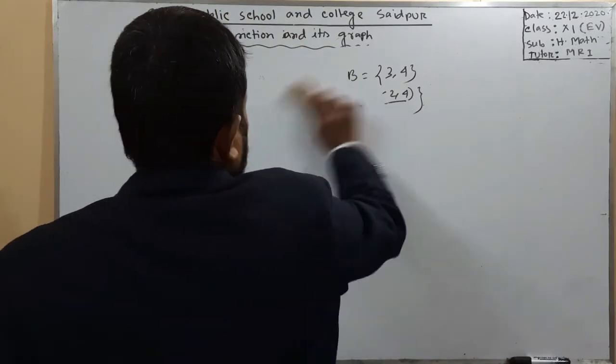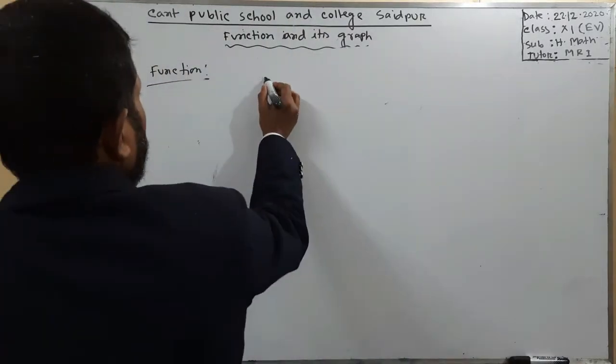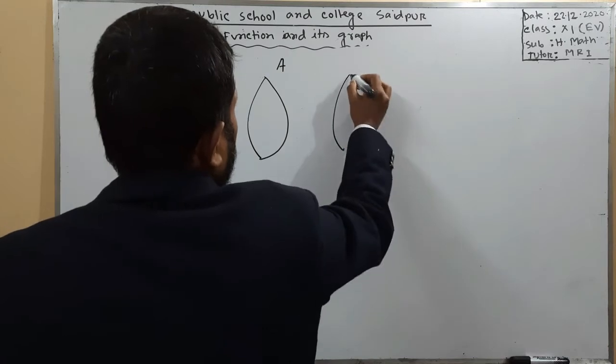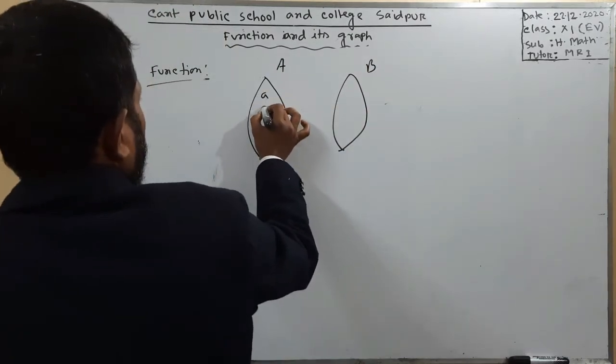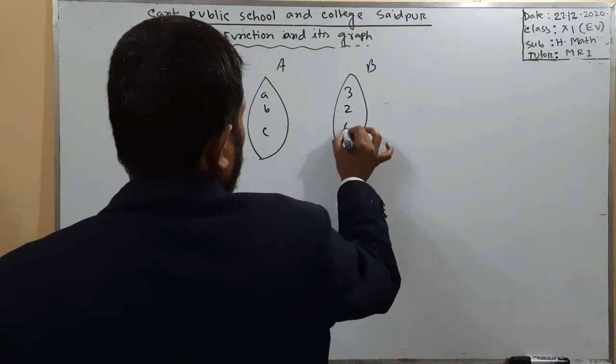Definition of function. Suppose A is a set and B is another set. The elements of A are a, b, c and the elements of B are, suppose, 3, 2, 4.